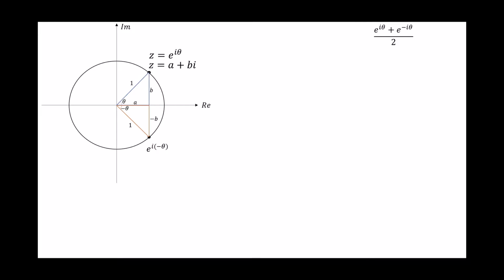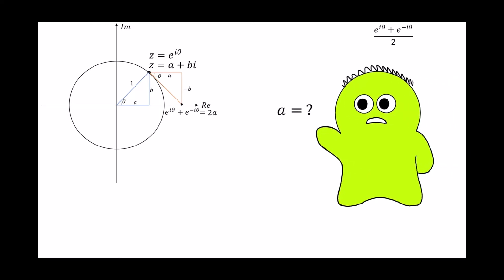The resulting point on the real axis is exactly where e to the i theta plus e to the negative i theta is located. And this specific coordinate is located at a distance equivalent to the sum of the widths of the two triangles, which means that e to the i theta plus e to the negative i theta is equal to 2a. But what is a?